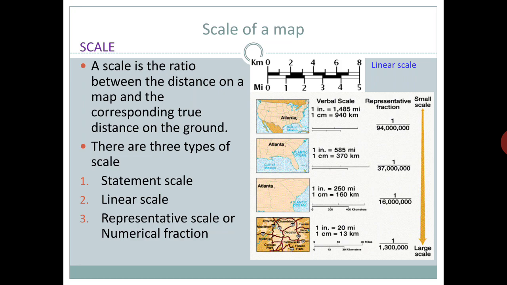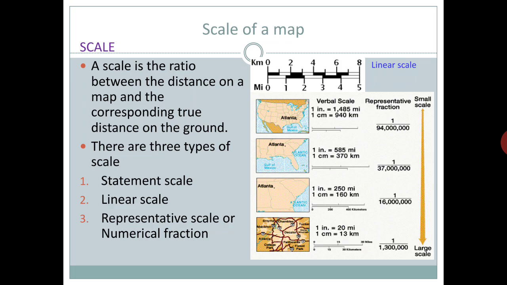Now linear scale. Linear scale is also known as graphical scale or graduated straight line. On a straight line it is marked and shown 0, 1, 2, 3, 4. That means 1 millimeter or 1 centimeter is equal to 1 kilometer or 2 kilometers or 3 kilometers, like that.